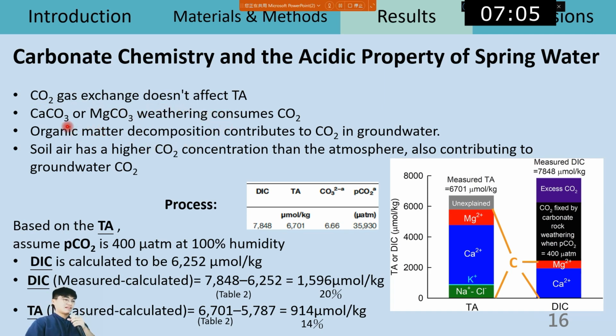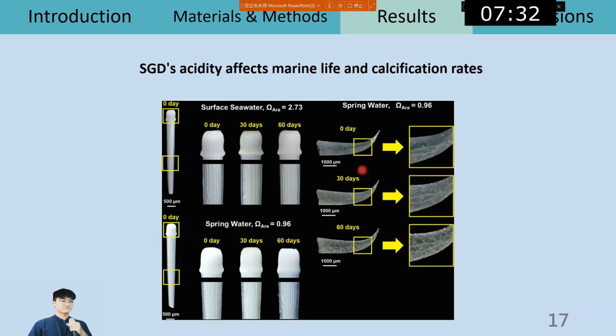And calcium carbonate and magnesium carbonate weathering will consume CO2. And organic matter decomposition contributes to CO2 in the groundwater. And last is it explains the excess CO2 part. The soil air has a higher CO2 concentration than the atmosphere, so it will contribute to the groundwater CO2.